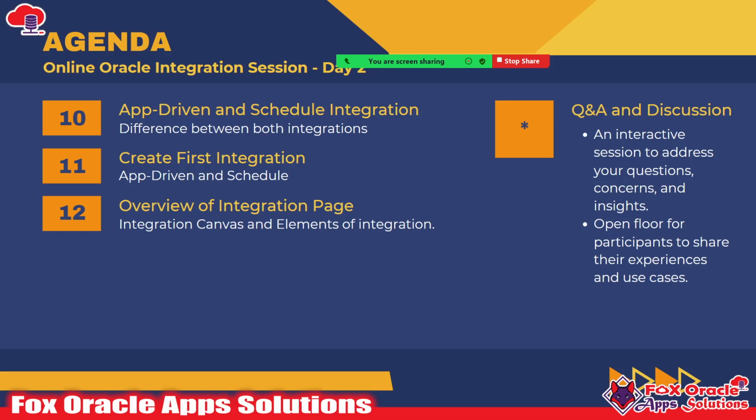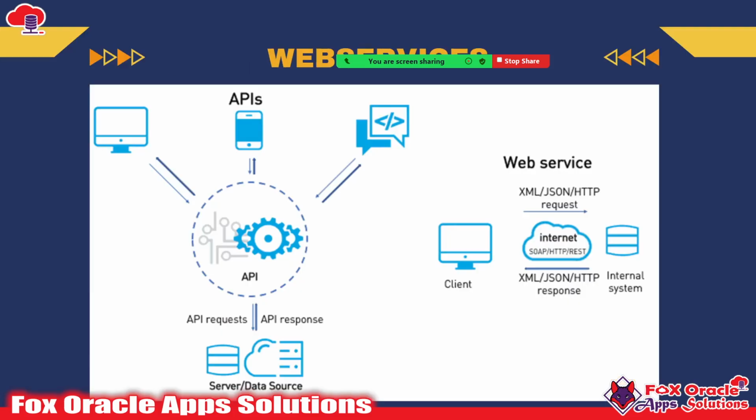We will discuss which integration pattern to choose when creating an integration. I will also navigate you to the basic elements of Oracle Integration, like staging operation, looping, or adding if-else conditions and variables, and where we can create them. It will be just a basic overview in this session. So let's begin with web services.